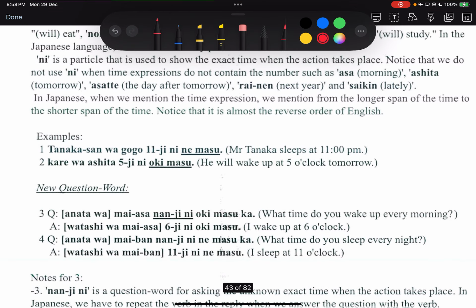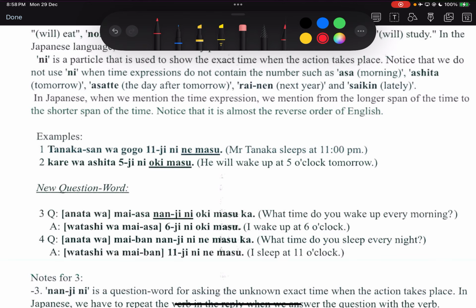田中さんは午後11時に寝ます。So 寝ます in this case is to sleep. So 田中さん is PM 11 o'clock at sleep. So basically it means he sleeps at 11 o'clock PM.